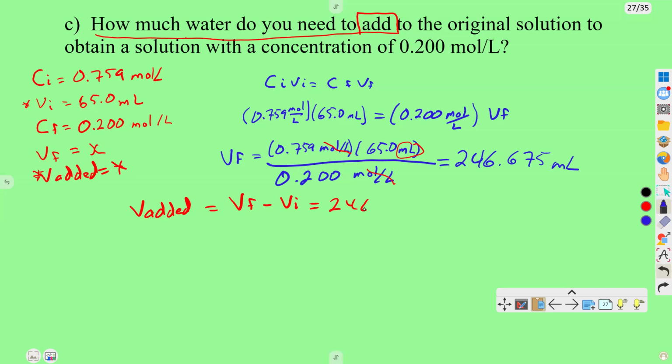So 246.675 milliliters minus 65 milliliters is going to equal 181.675 milliliters. Again, sig digs, we need 3. So that means we need to add about 182 milliliters to our solution. Okay.